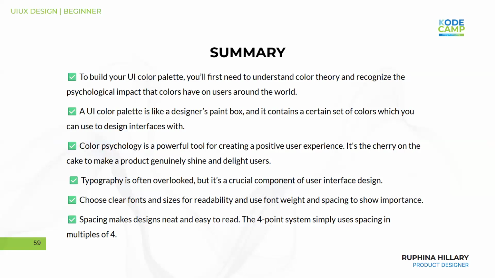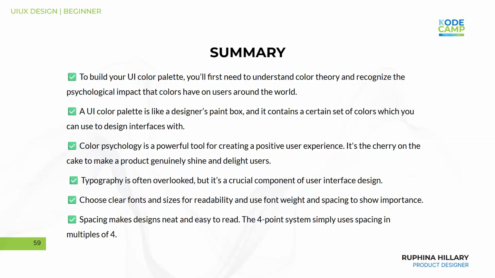A UI color palette is like a designer's paint box, containing the set of colors you want to use to design your interface. Color psychology is a powerful tool for creating positive user experience. It's a cherry on the cake to make a product genuinely shine and delight users.